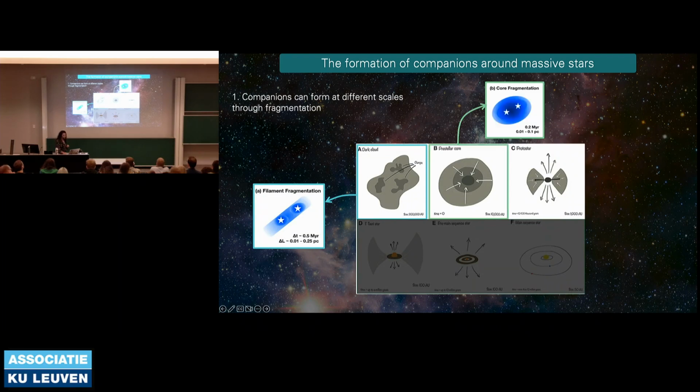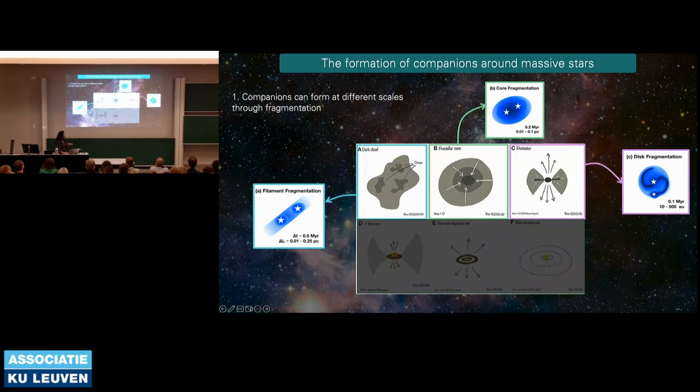It can occur a bit later on when the giant core differentiates into two different protostellar cores, so you have core fragmentation here, and also disk fragmentation that occurs later on, once you have the accretion disk set around the forming star.